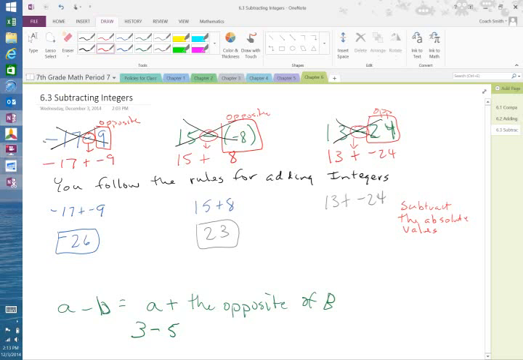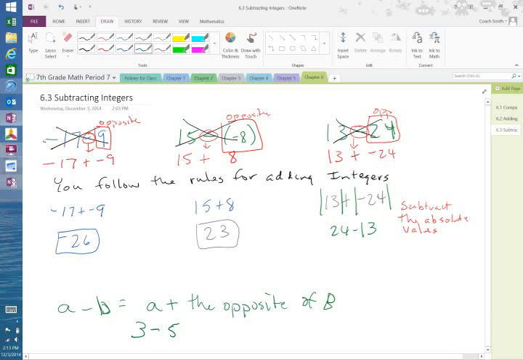And then some people say, well, we were already subtracting to begin with. No, you weren't. You can't subtract 13 minus 24. That isn't mathematically possible. You have to change subtraction to addition. So that means I take the absolute value of 13, which is 13, and the absolute value of negative 24, which is 24, and I subtract 24 minus 13.